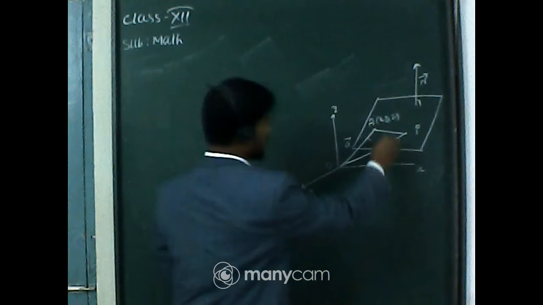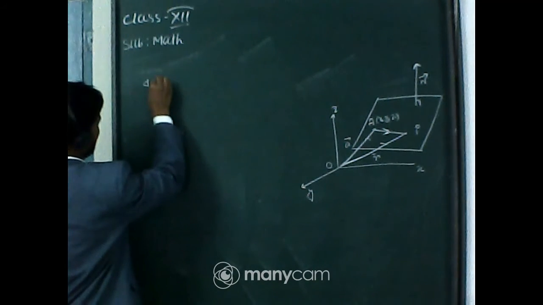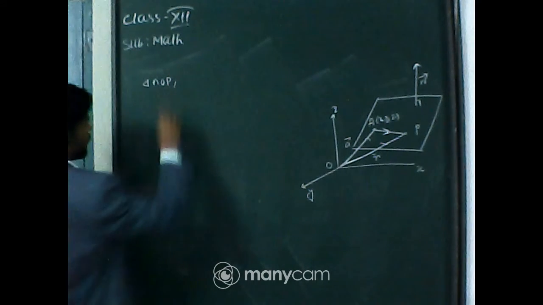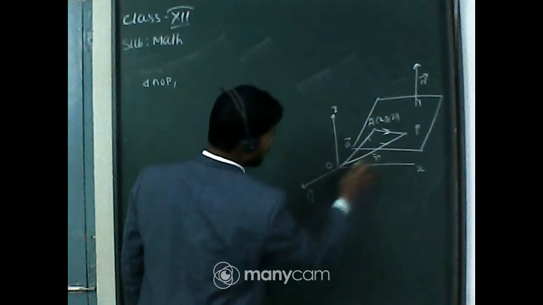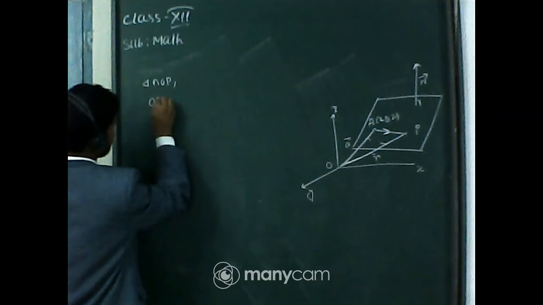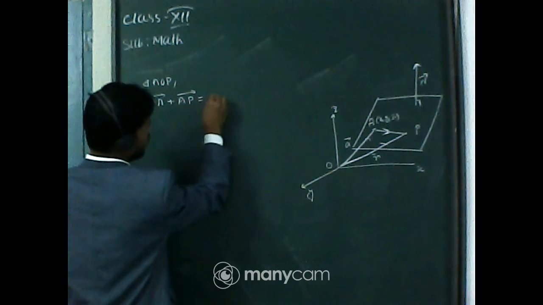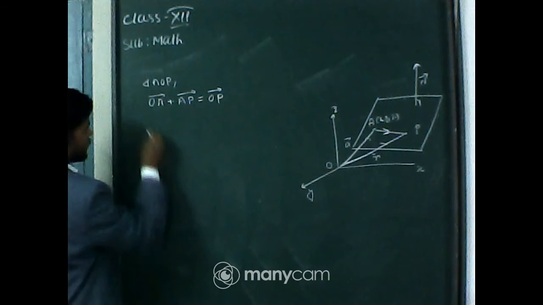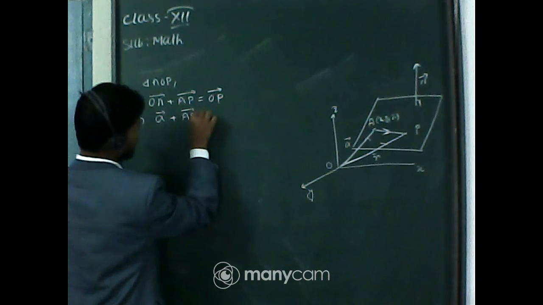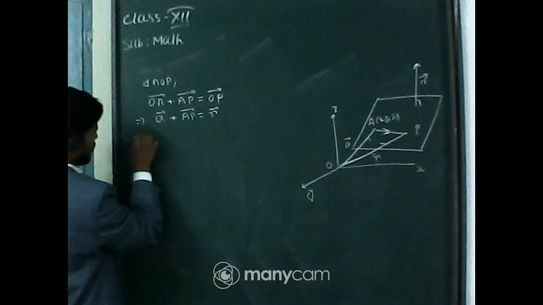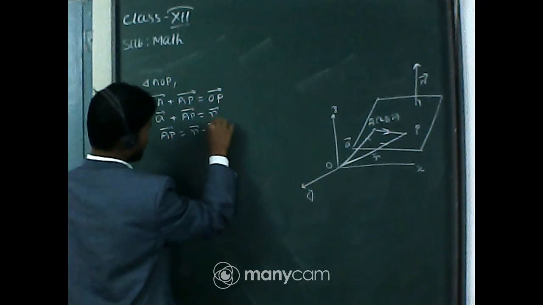Join the line A and P. Now if I consider the triangle AOP and apply the triangle law, OA vector plus AP vector is equal to OP vector. That means a vector plus AP vector is equal to r vector, so AP vector is equal to r vector minus a vector.